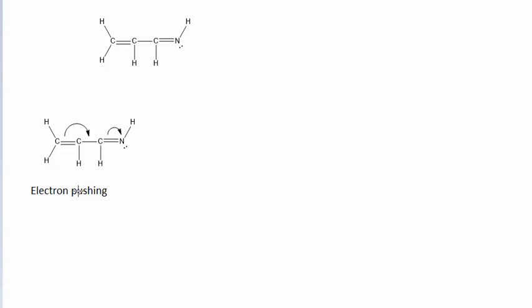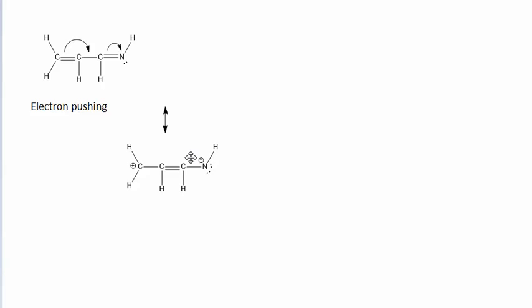So again, this one's a little different since you're actually moving a pi bond here. And then since there's too many bonds to this carbon, you have to move this pi bond up to this nitrogen here. Again, when you're first starting doing this electron pushing kind of stuff, a lot of it seems unintuitive. You just got to get more and more practice. And then this will lead to this resonance structure over here. We have a positive carbon and a negative nitrogen.